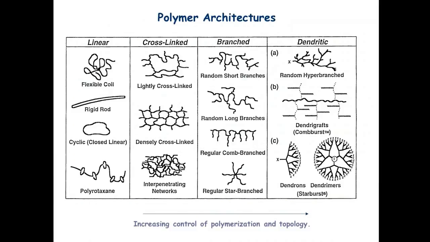So I'm showing this chart just to show you that when we talk about polymer structuring, we are not dealing with only linear polymers, but we are dealing with networks, branched, dendritic, different types of cross-linked systems. In fact, elastomers, rubber, etc. are differentiated from thermoplastics, thermoplastic elastomers by their degree of cross-linking.